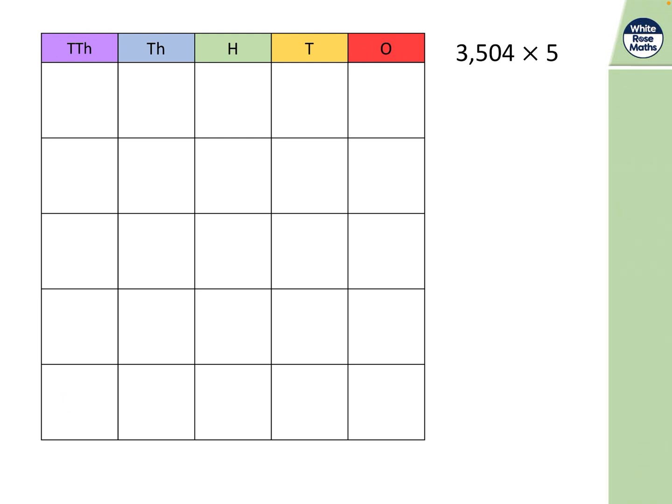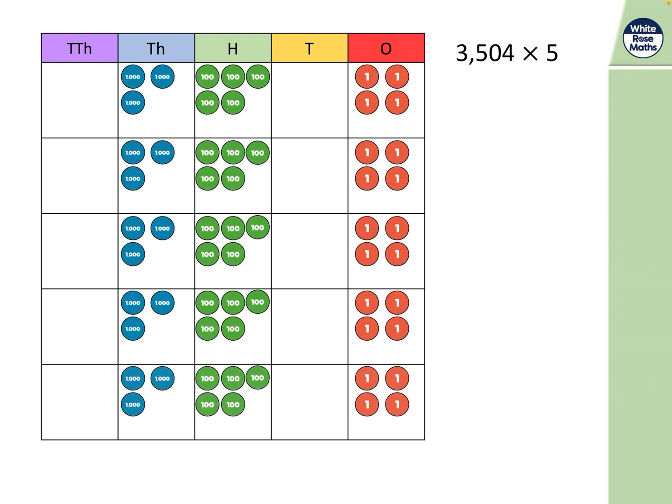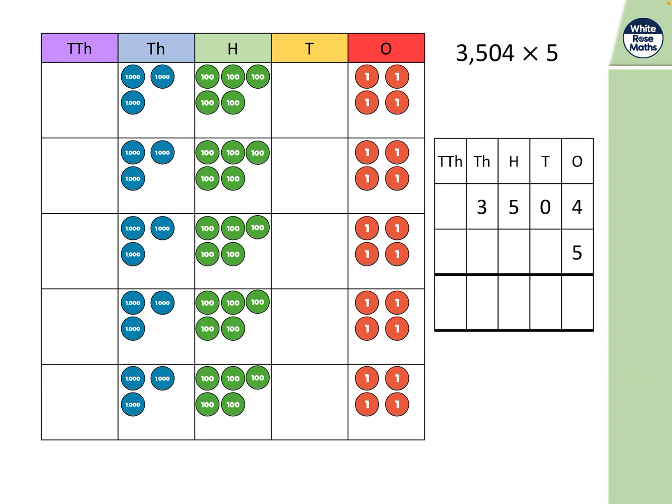This is when you get really confident. We start to partition our number. Whoa, I'm going the wrong way. 3,000, and there we go. So we've partitioned our number into 3,000 times 5, which we can easily do in the head. 3 times 5 is 15, times by 1,000, 15,000.